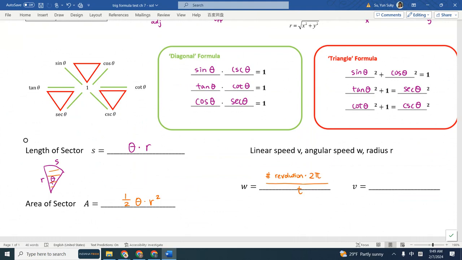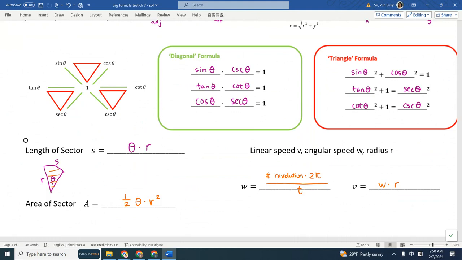Okay, everybody? And then v, the linear speed, is the angular speed times r. Is that okay, everybody?